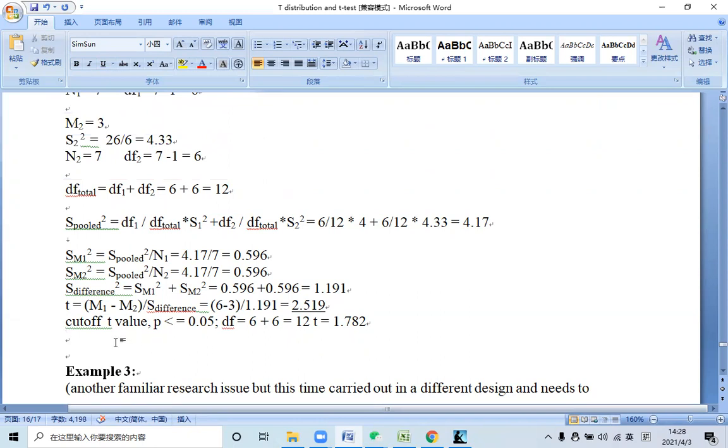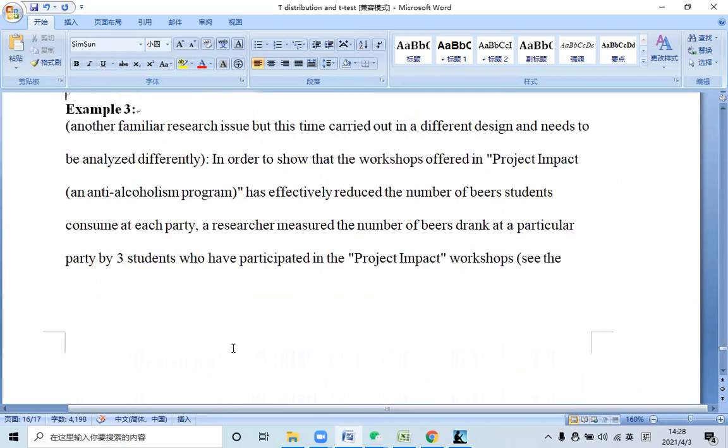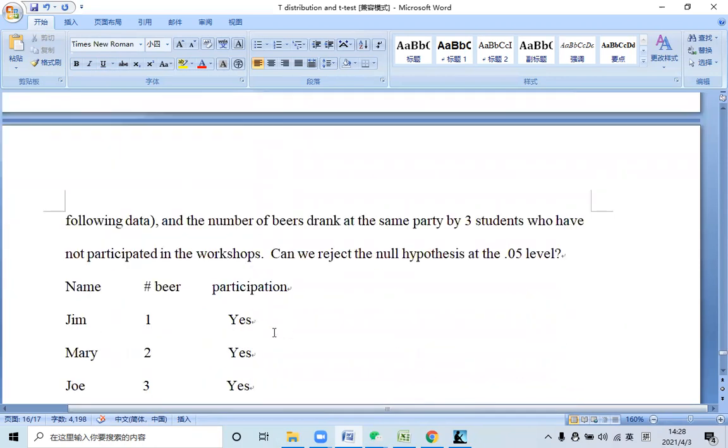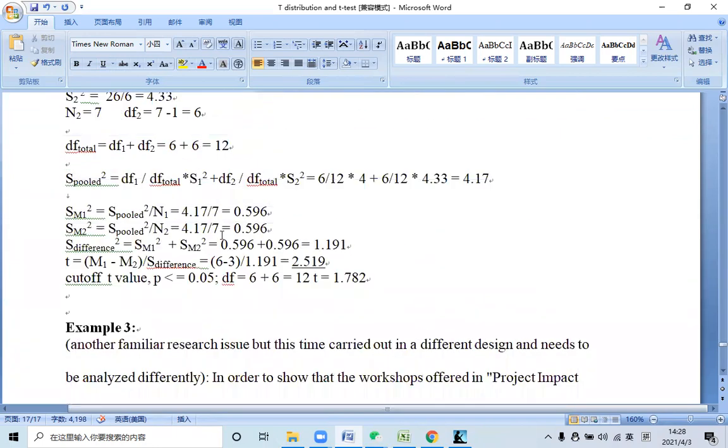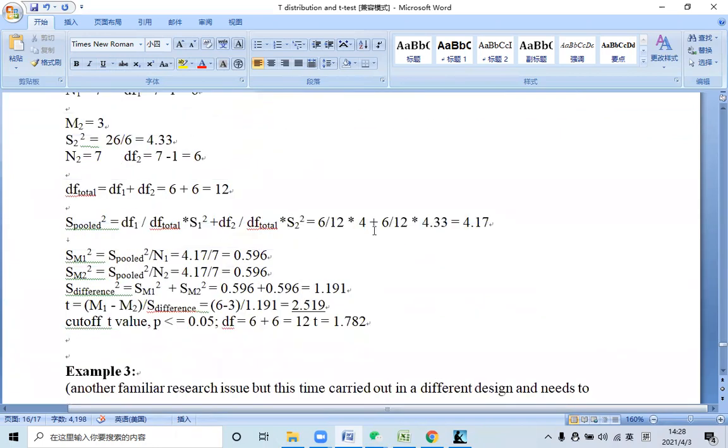Those are the three types of t-tests. This part is very important, always get tested. Go through these examples really closely. I'm going to send you the link to the video probably today.